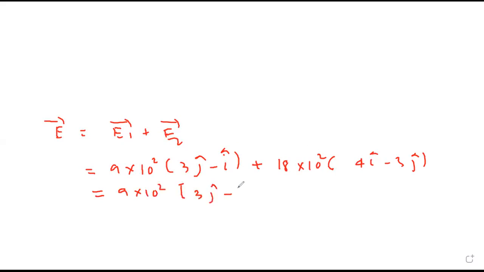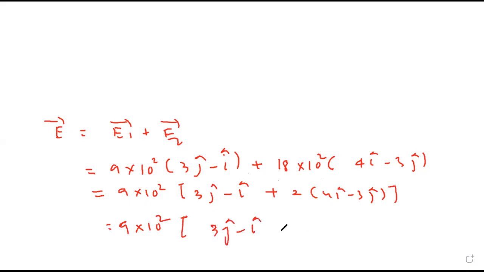So 3j minus i cap plus 2 into 4i cap minus 3j cap. That will become 9 into 10 raised to 2, 3j cap minus i cap plus 8i cap minus 6j cap.